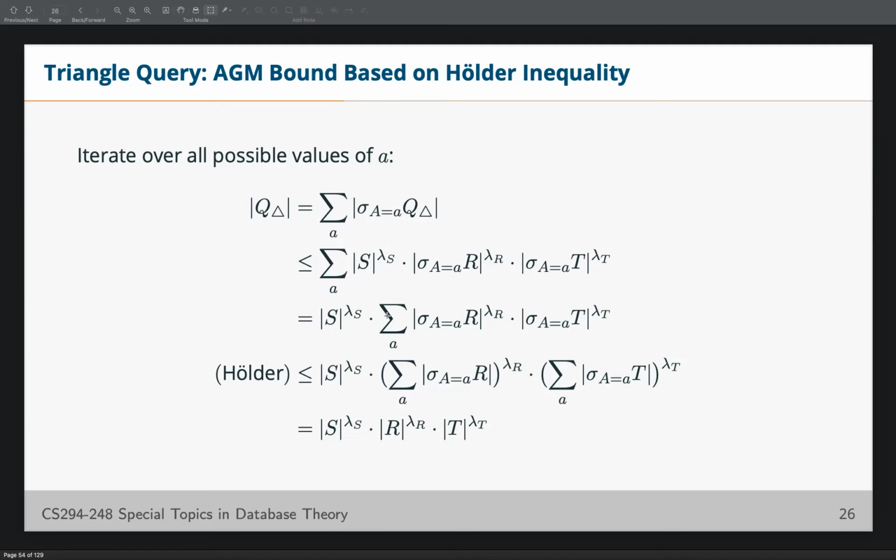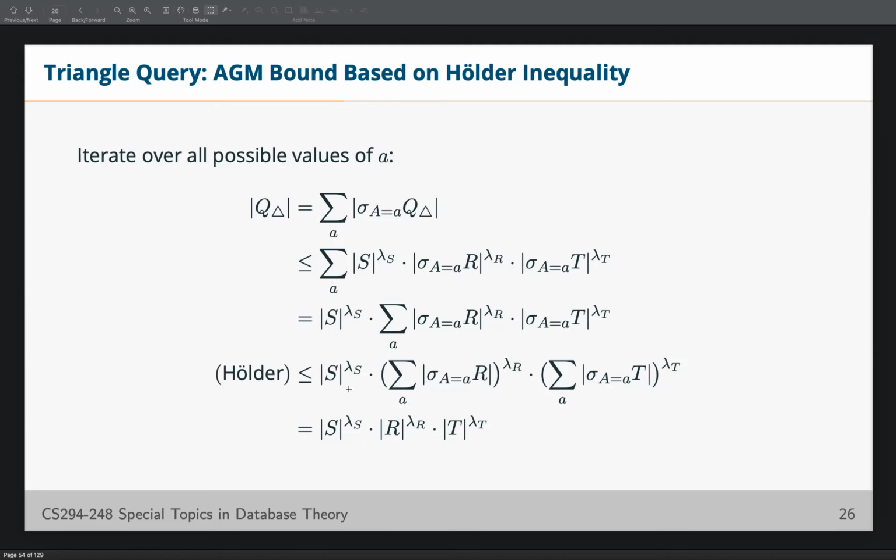So then you can push the sum inside: we take the norm of the vector, push the sum inside, and take the exponent afterwards. That's Holder inequality. And the sum over all a's of the selection is just the size of R. So we proved this inequality just by that extra step.